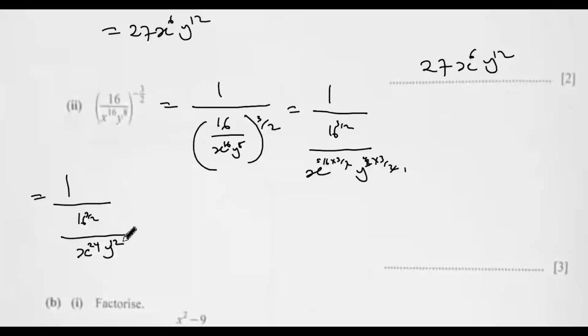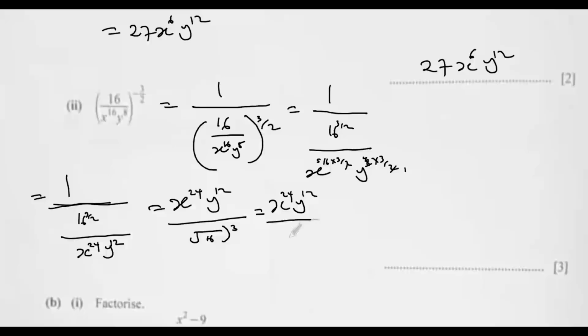So this is what we're going to have here. So don't forget that this 1 over is a reciprocal. So that means this is the same thing as x to the power of 24, y to the power of 12 over 16 to the power of 3 over 2, which is the same thing as root 16, then to the power of 3. And this will be equal to x to the power of 24, y to the power of 12 over 4 to the power of 3.